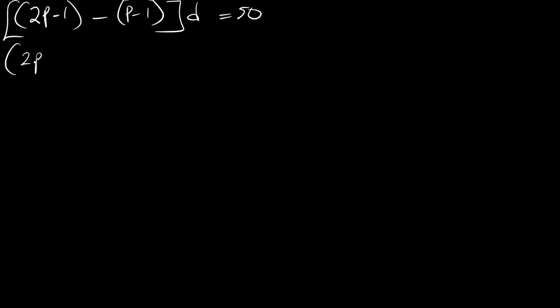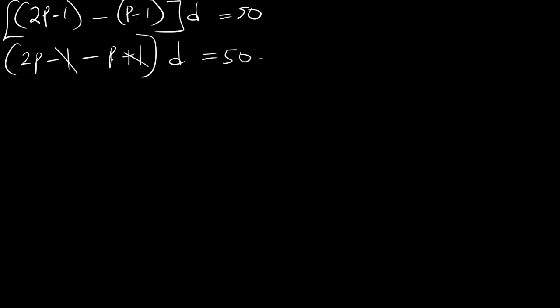You have 2p minus 1. So minus times plus p will give you minus p. Minus times minus 1 will give you plus 1. All times d equal to 50. Now this minus 1 plus 1 will cancel out.